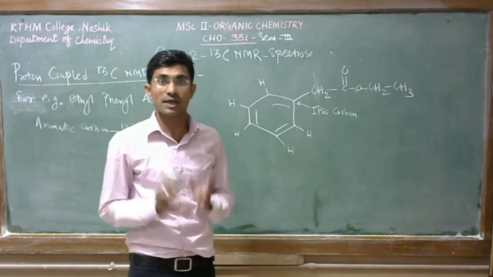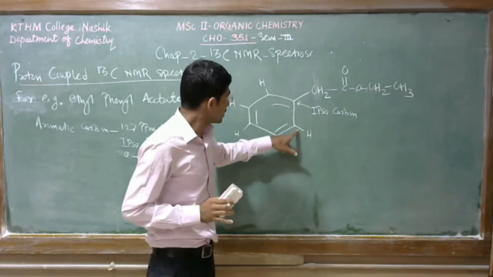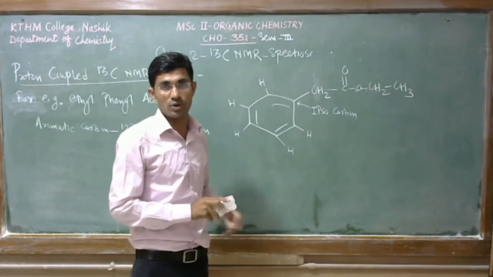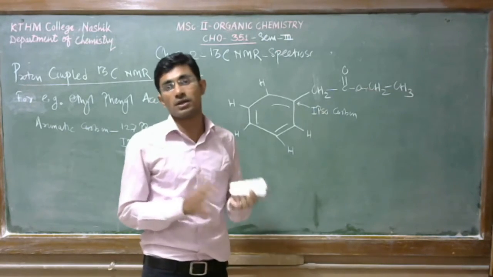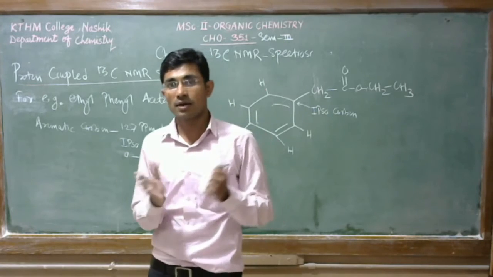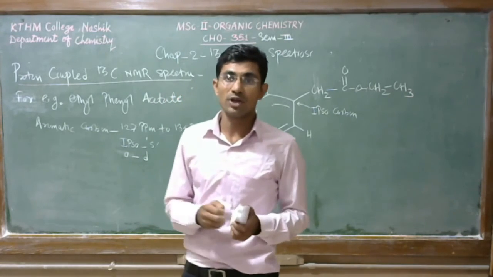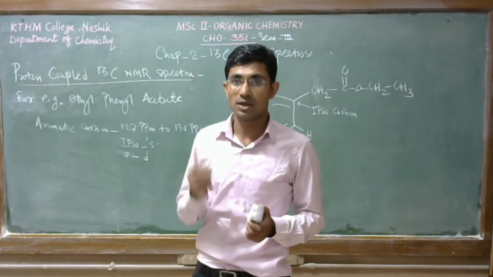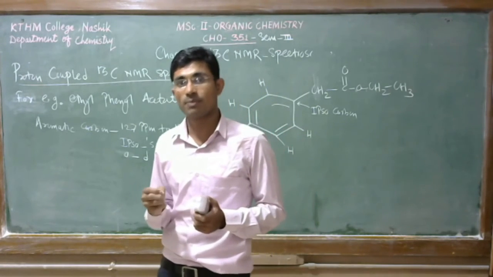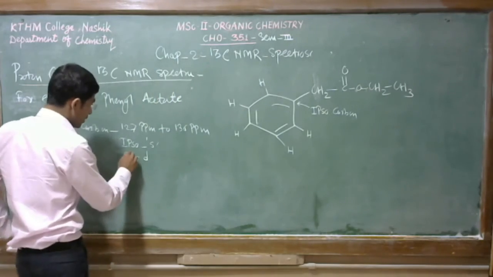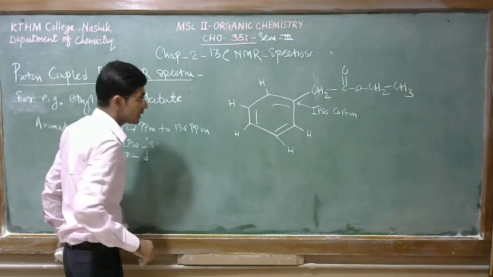What we observe is a doublet. Why? Because the ortho carbons are attached to one proton. So between proton and 13C we observe one bond coupling, and because of that, with the help of the n plus 1 rule, we get a doublet. So both ortho carbons give the same signal, a doublet.